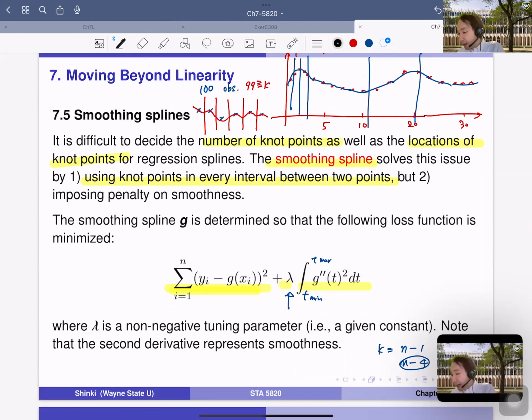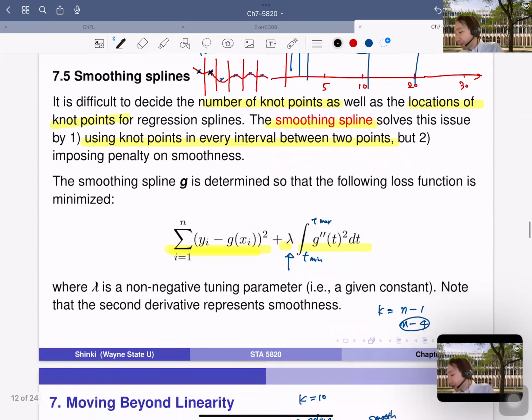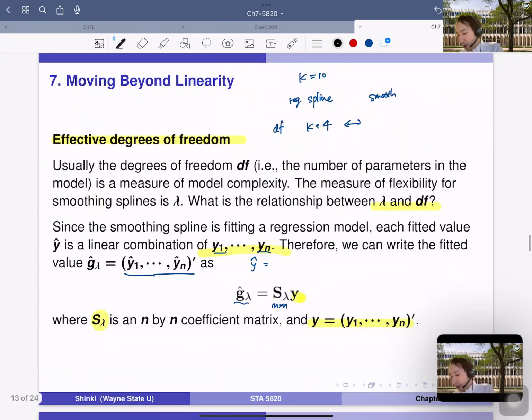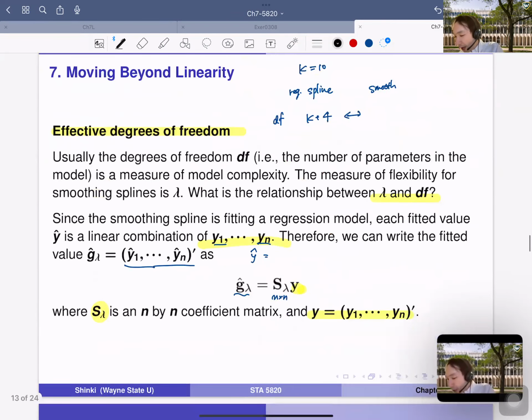And sorry, for the knot points there are several ways to define them, but in statistical packages it's most common that each observation point is a knot point. Last time I said the knot point is between each point, but actually the knot points are on observations. That is the most common way.